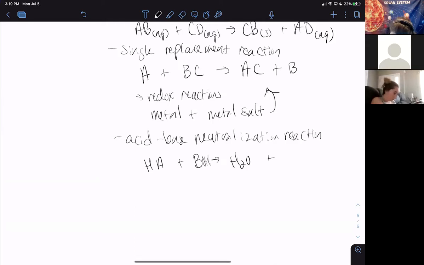Sometimes you get OH. Go with that. You'll produce water and a salt for most of these acid-base neutralization reactions.